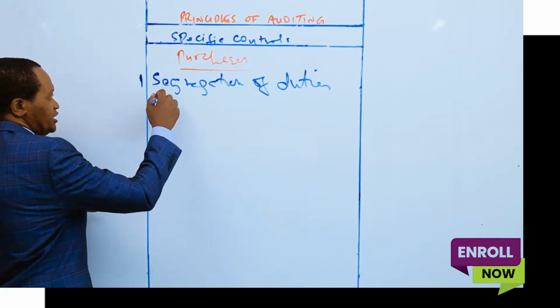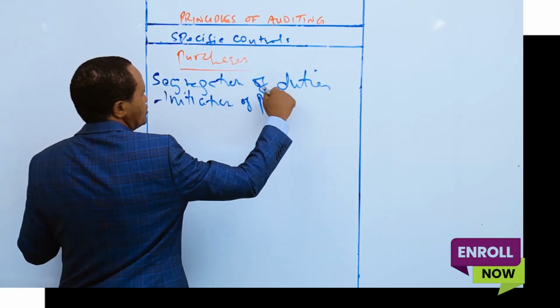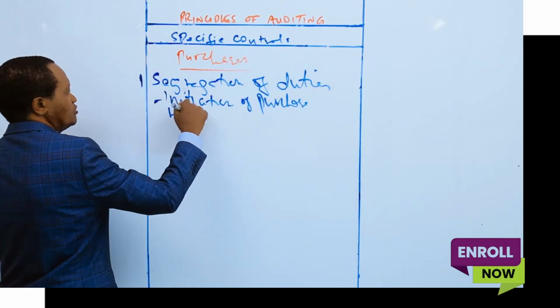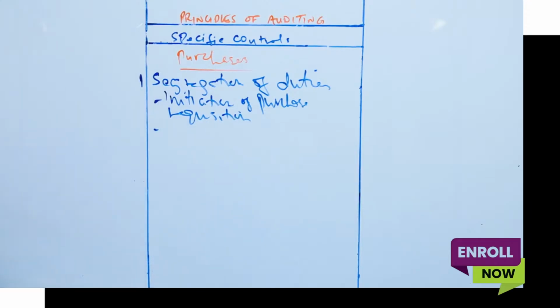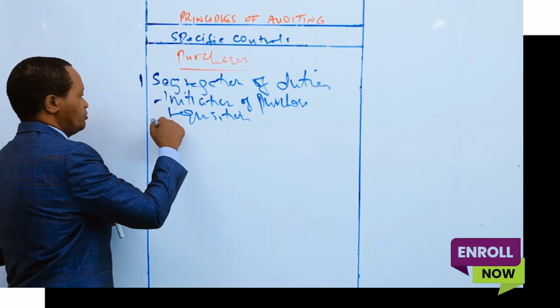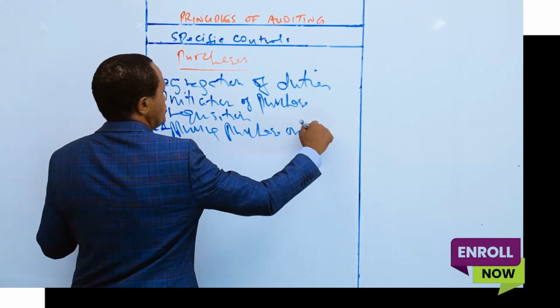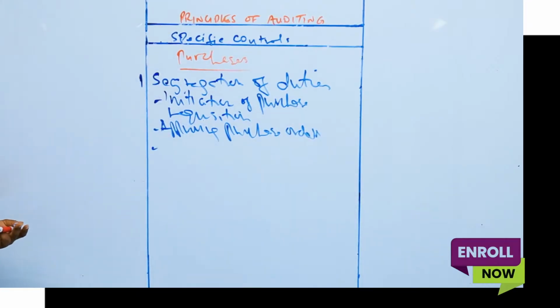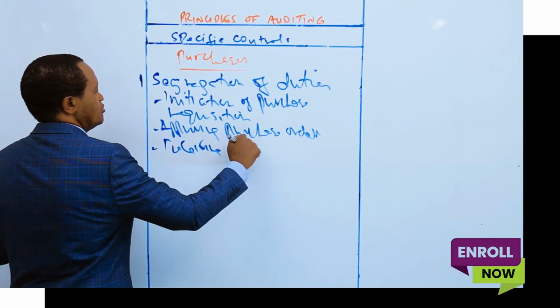Duties like initiation of purchase requisitions. Another duty is the approving of purchase orders. Then you have receiving goods, and then there is recording.